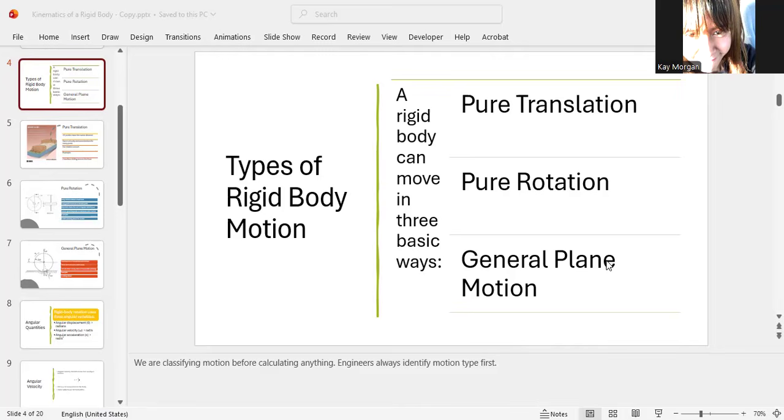Try to understand the differences: the rolling wheel has translation and rotation together, your ceiling fan has only rotation, and your elevator has only translation. So now we break down motion and put it into three categories in this lesson.